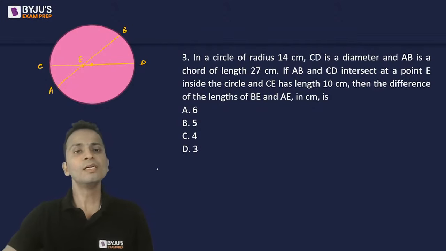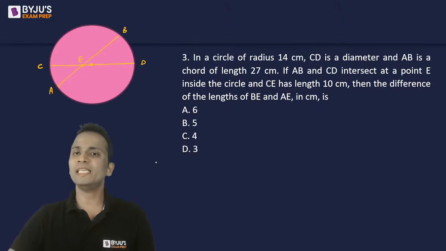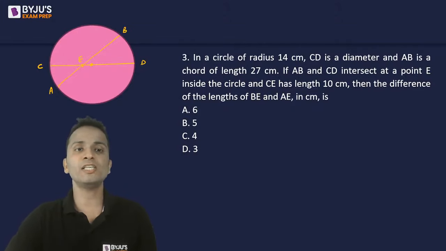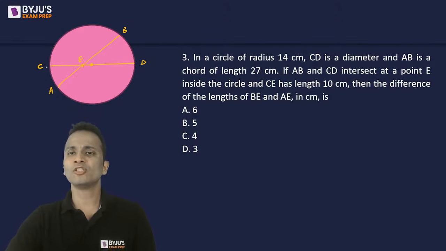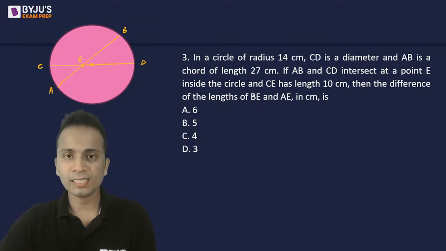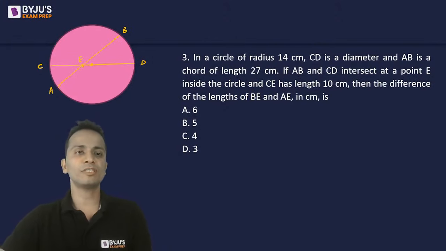Now, a circle of radius 14 centimeters. CD is the diameter and AB is the chord of length 27. If AB and CD intersect at point E, as I have drawn in the figure, and CE has length 10.